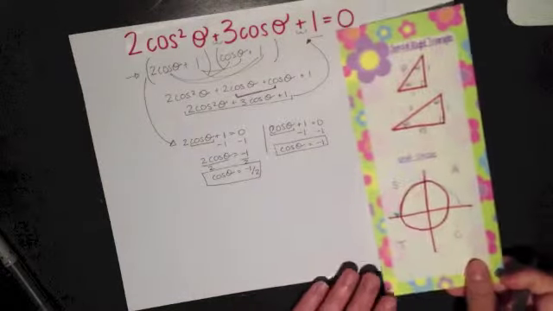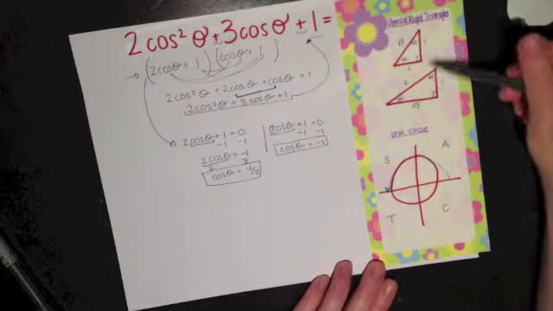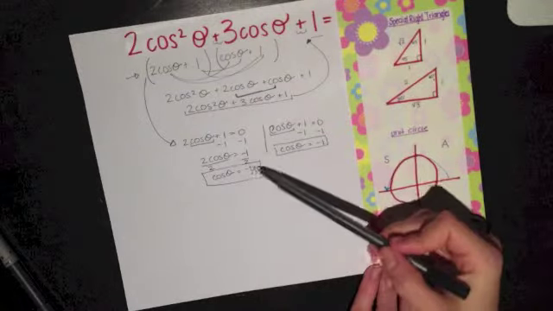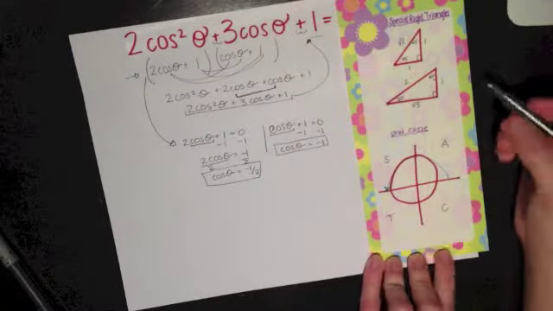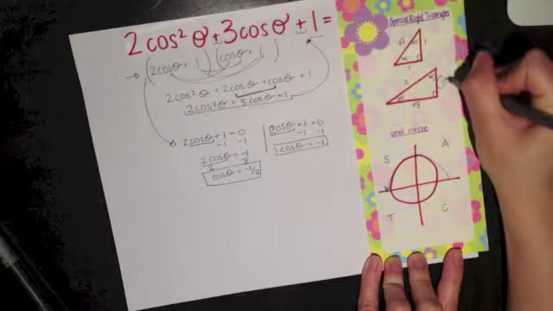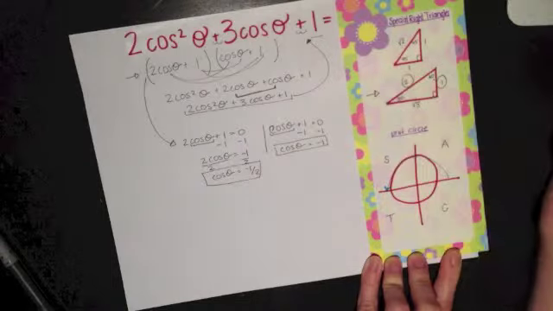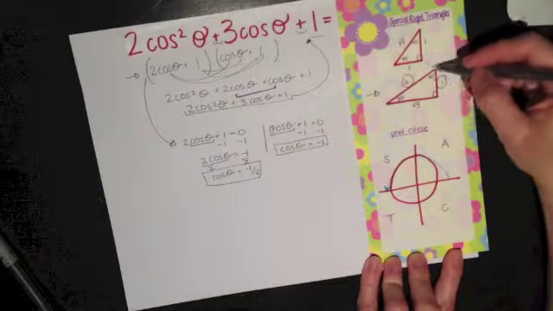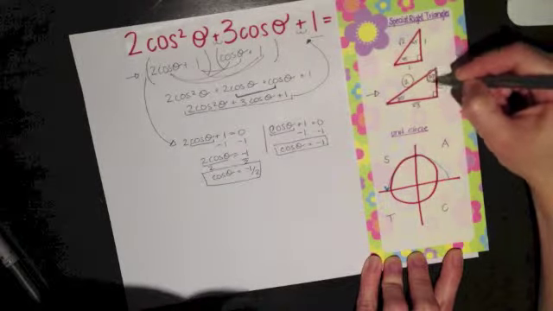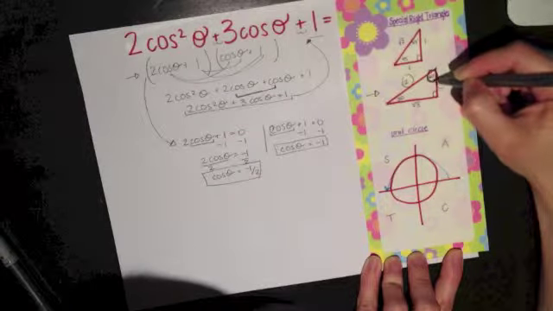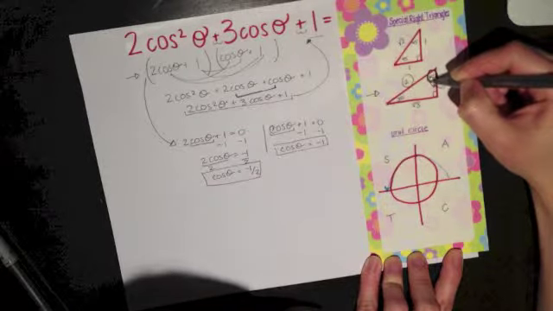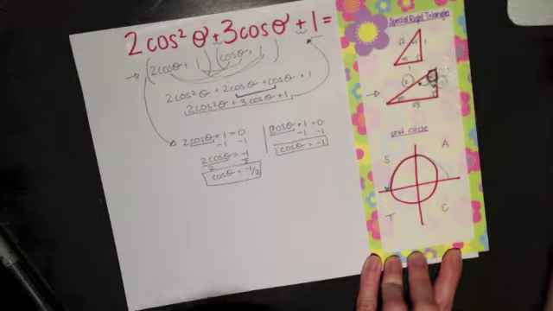Now we pull out our special right triangles to find negative 1/2, not negative 1/2. So we see a 1 and a 2 here in the 30, 60, 90. So let's take the angle from 60 and say adjacent and hypotenuse.